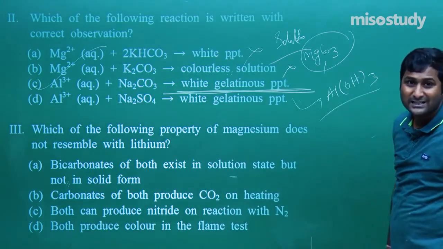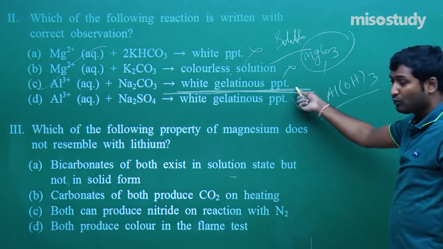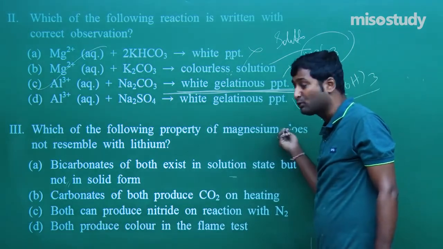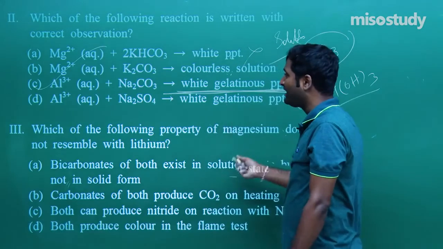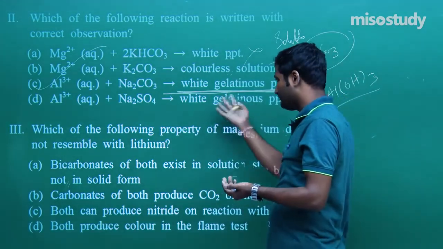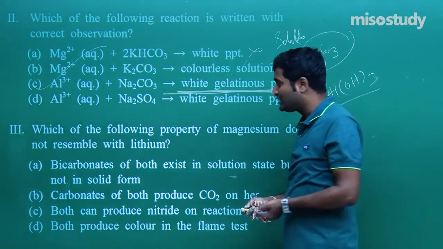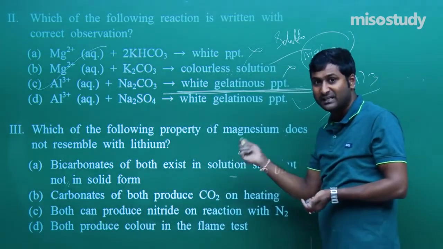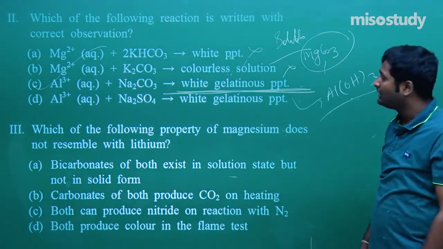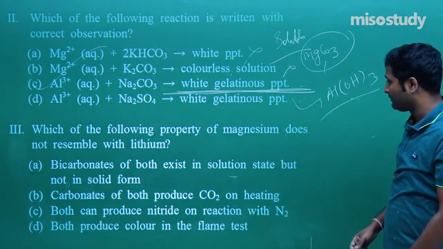This is white gelatinous, and there was a question from this topic in the JEE Main 2018 examination. If you go through the JEE Main papers, you will find that sometimes there is a gelatinous product, and during the solution of the JEE Main paper I have discussed that if there is a white gelatinous product, then definitely that is Al(OH)3. So this is the correct observation.